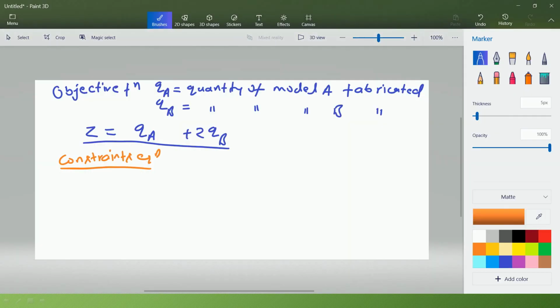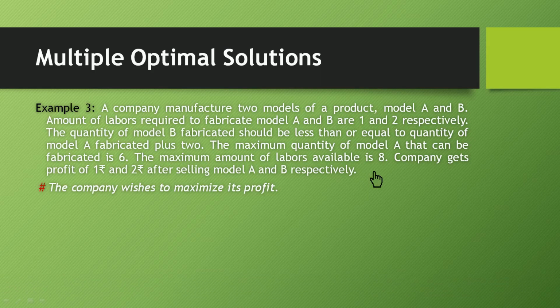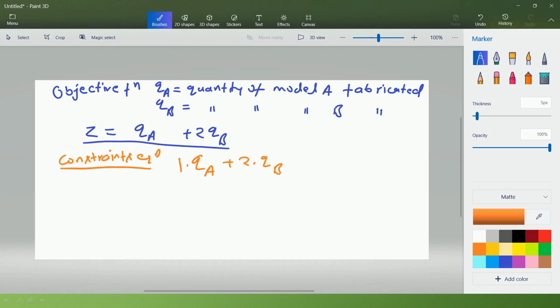So we need 1 labor for model A plus 2 labor for model B. Now the maximum amount of labor available is 8, which is given here. Okay, so it should be less than or equal to 8. So this is our equation 1.